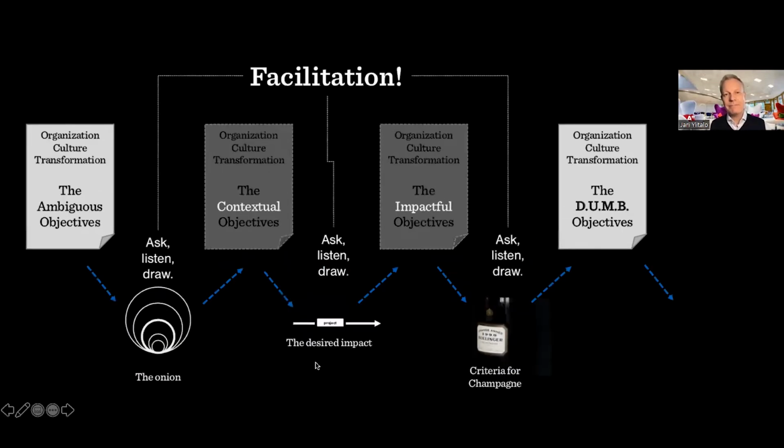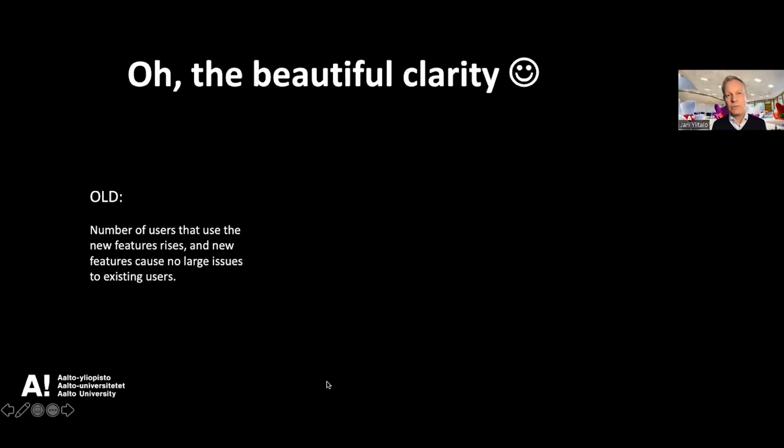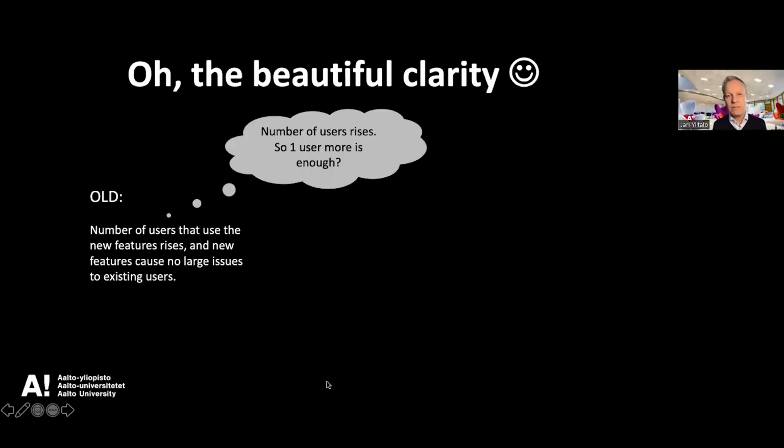And pretty much for facilitation, it has been using these tools to help another to clarify the goals and make it more precise, and then you have reflected the results. About the goals, it was pretty much of this.